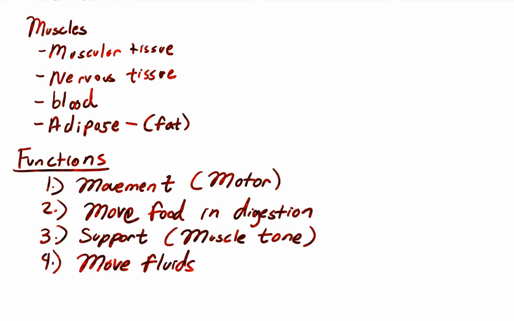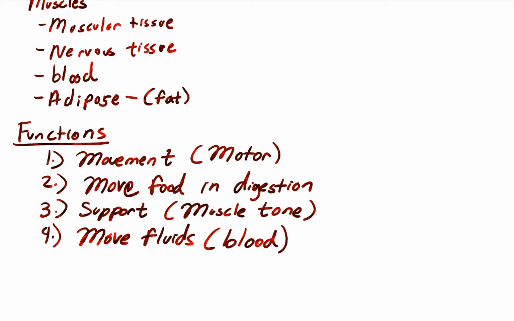In this case, what's particularly important for us is blood. One of the biggest things, and probably should have been number 2 on the list, is that they produce heat. This is extremely important for warm-blooded organisms like ourselves.